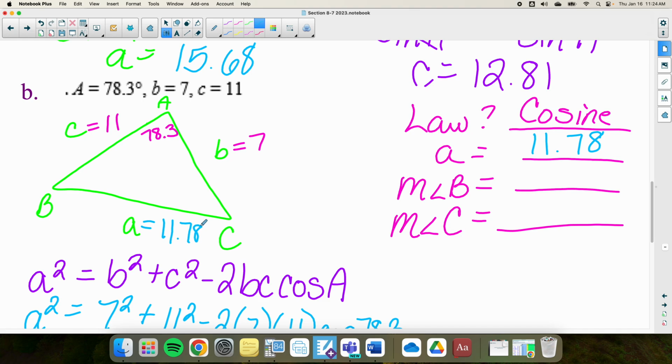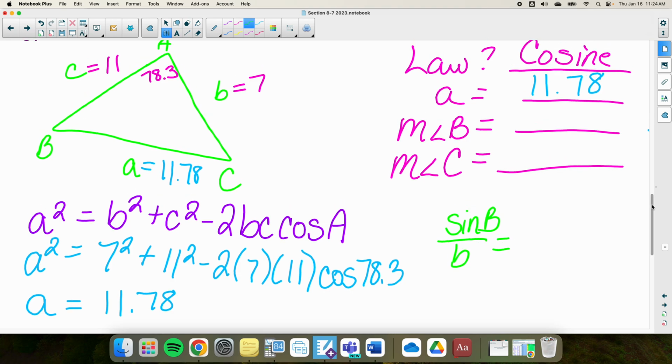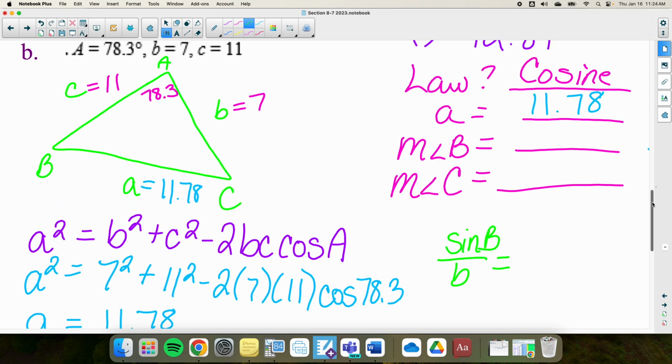We have to find B, okay? So my formula would be sine of B over little b equals, and in law of sines, I have to use an angle and its opposite side. So that would be sine of A over little a.